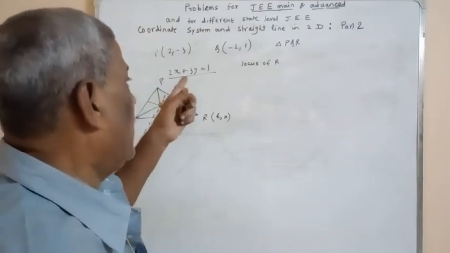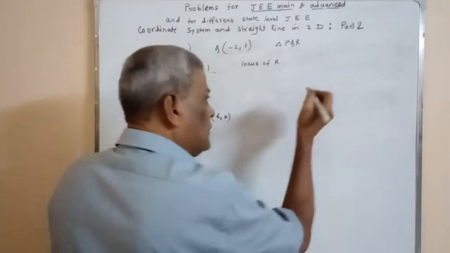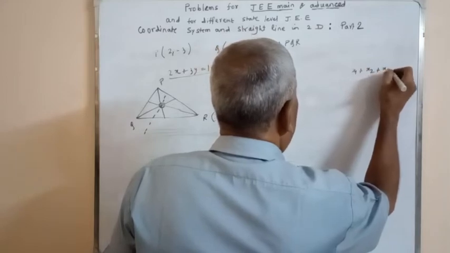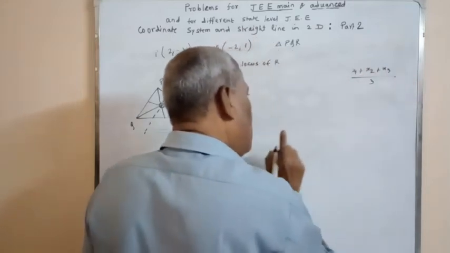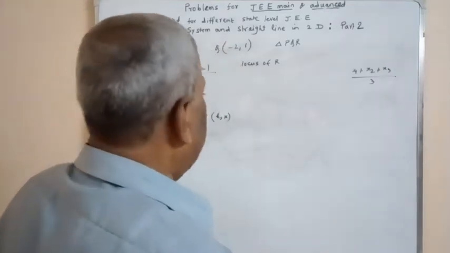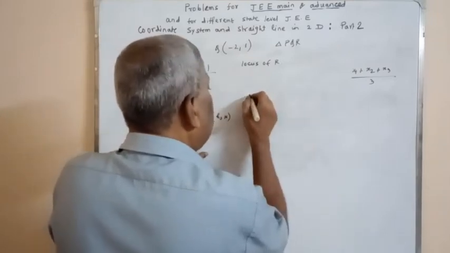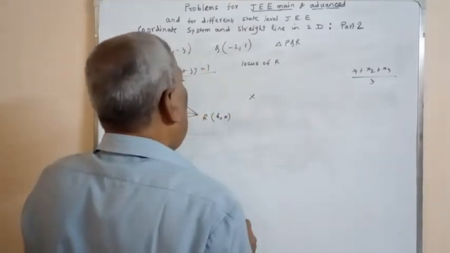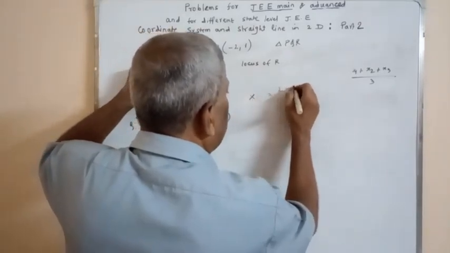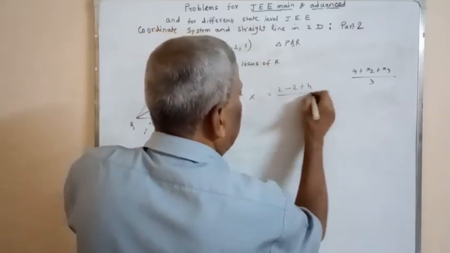Therefore, the centroid of the triangle PQR is, as you know, ((x1 + x2 + x3)/3, (y1 + y2 + y3)/3). Therefore, the x-coordinate of the centroid, capital X, is equal to (x1 + x2 + x3)/3.